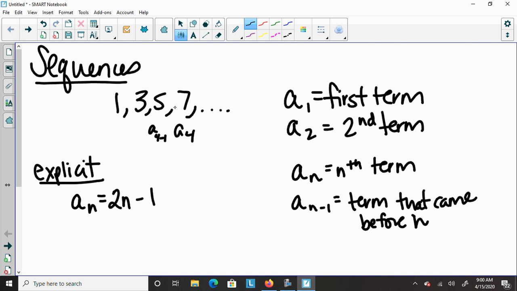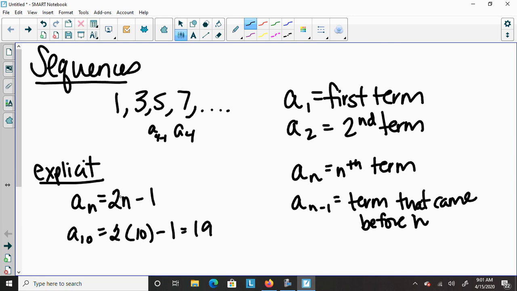This is actually the equation for this sequence. So if I did plug 4 in, 2 times 4 is 8. 8 minus 1 is 7. That gets you the numbers. So if I wanted to use this formula to find the 10th term, A sub 10, I'd just say 2 times 10 minus 1, and that is 19.